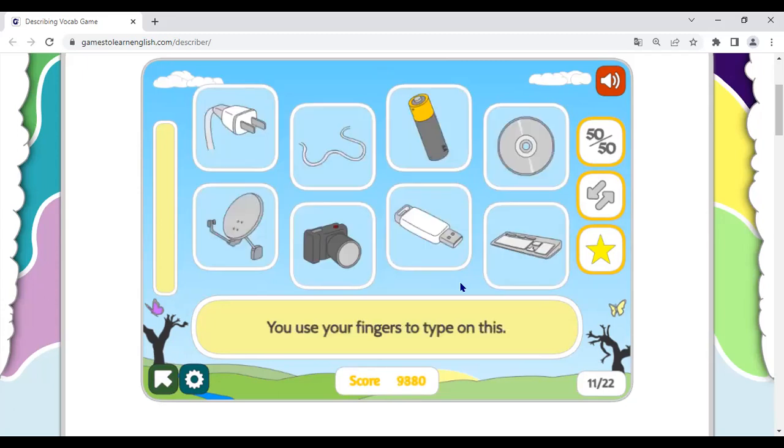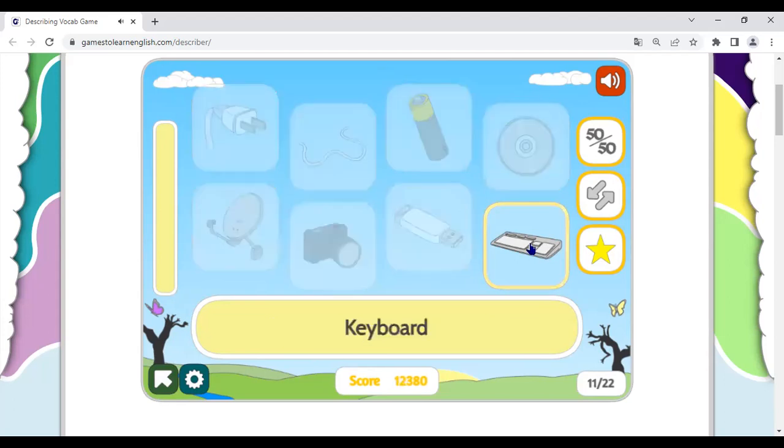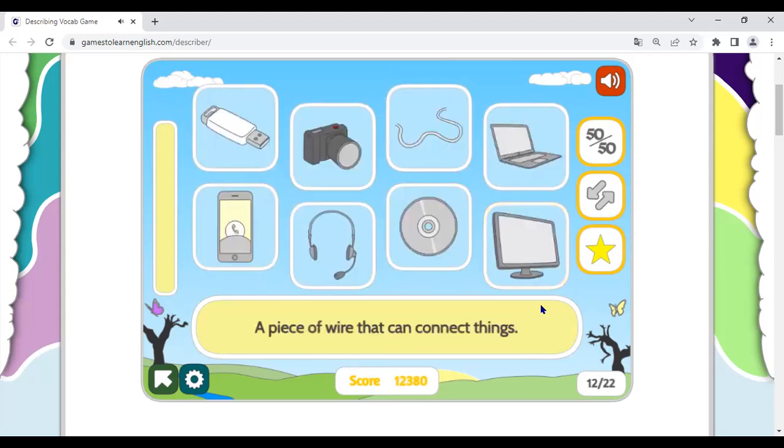You use your fingers to type on this. Keyboard. A piece of wire that can connect things.